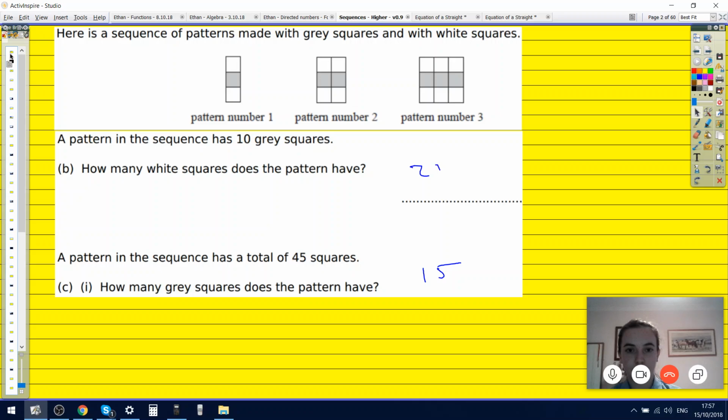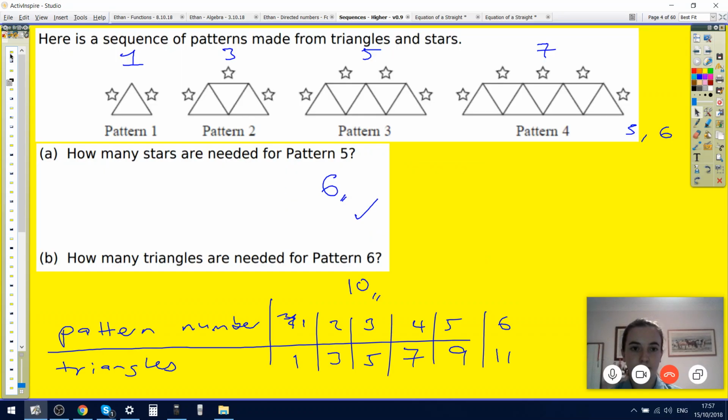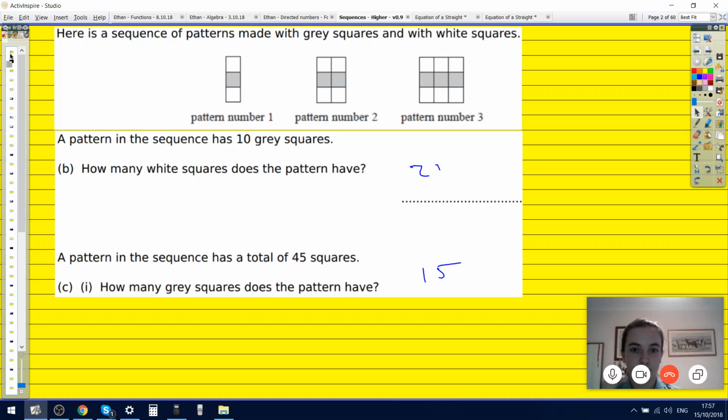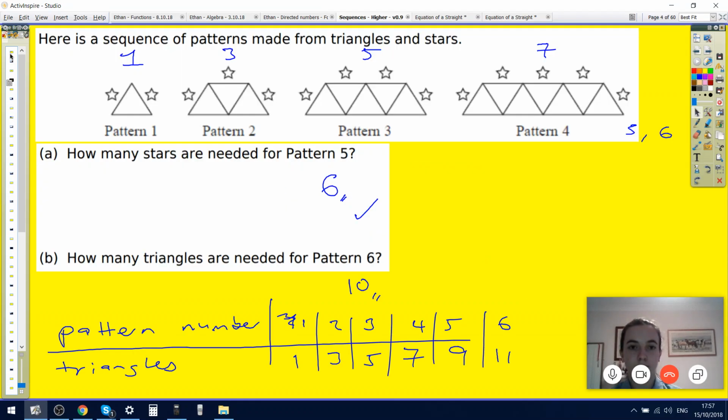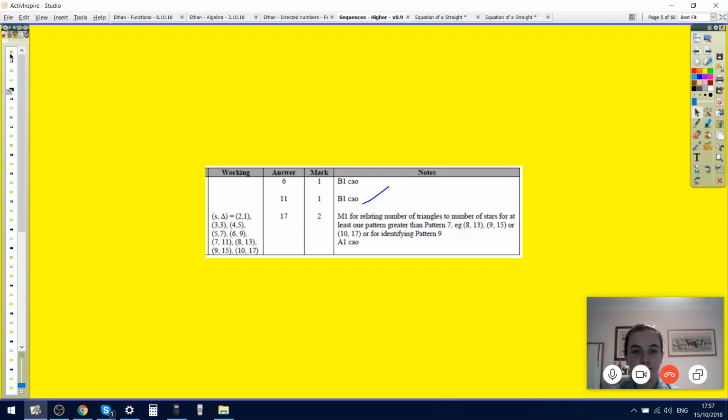These ones you can just figure out from the pattern. If you need to, you can always create a table. So you could create a table for pattern number and number of white squares. We created a table down the bottom, and that was for triangles. For stars you can always create a table as well. If it's going up in ones each time, it'd be 1n plus 1, or just n plus 1.